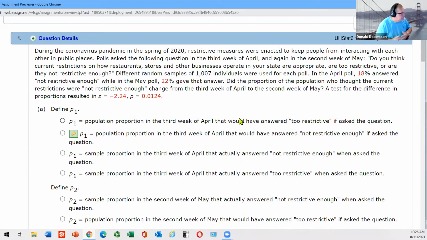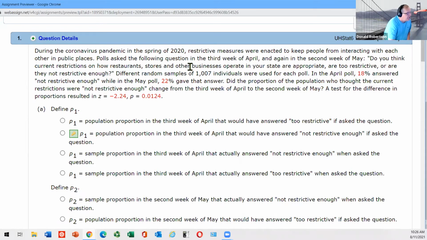You know, wash your hands all over the place, all good things, I'm sure. Polls asked the following question in the third week of April. And then they asked them in the second week in May. So basically it's a before and an after opinion to see if things have changed.